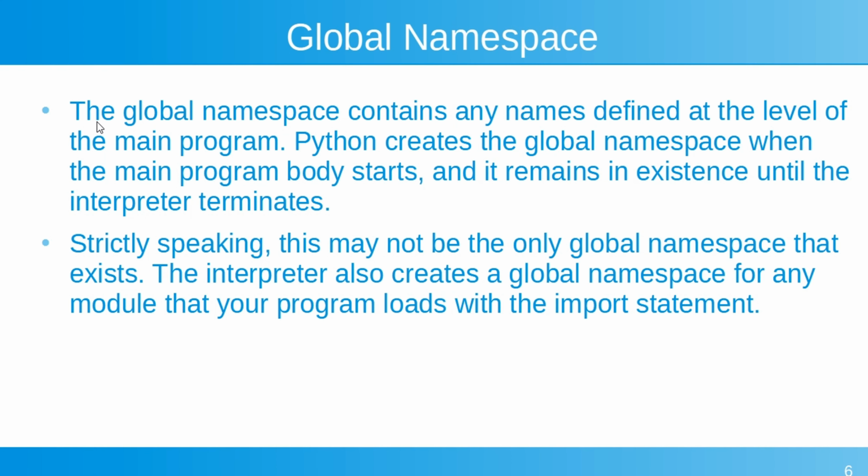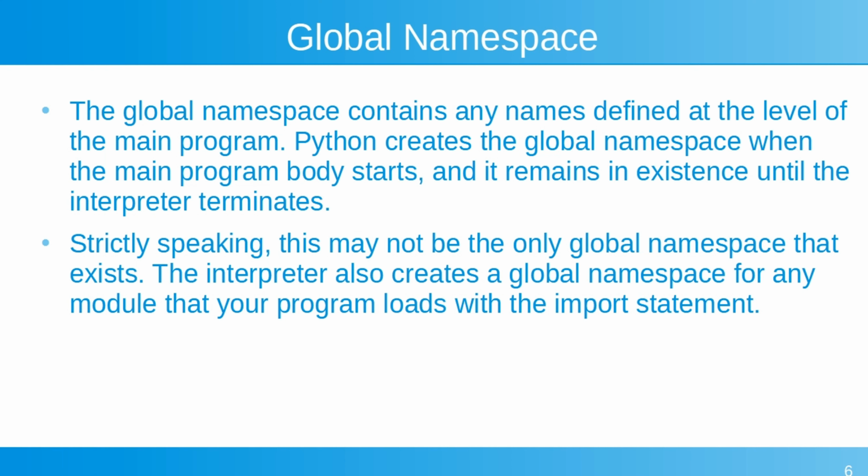Okay, and then the second point, I think as of now it will be difficult for you to understand because so far we have not discussed modules, so maybe I will read it out and we will see that in a later video. Strictly speaking, this may not be the only global namespace that exists. The interpreter also creates a global namespace for a module that your program loads with the import statement.